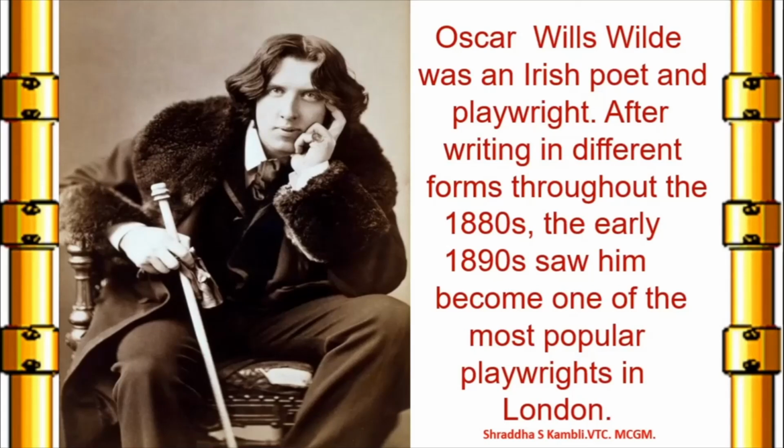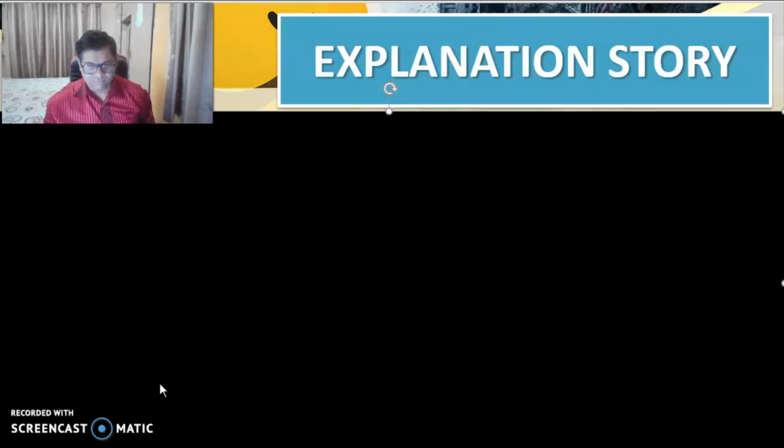So he used to write poetry and he used to write plays and dramas. After writing in different forms throughout the 1880s, in the 1890s, he became one of the most popular playwrights in London. Okay, so he was a very, very famous playwright.